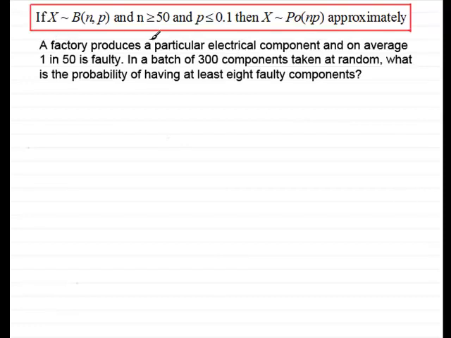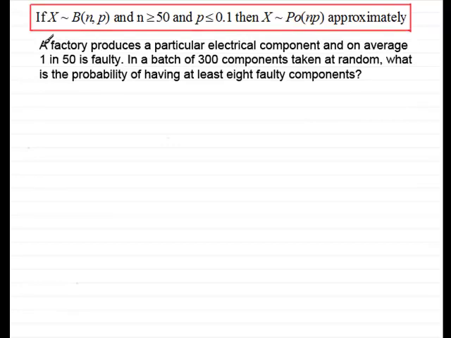A factory produces a particular electrical component, and on average 1 in 50 is faulty. In a batch of 300 components taken at random, what is the probability of having at least 8 faulty components? Well, this particular model is a binomial distribution.